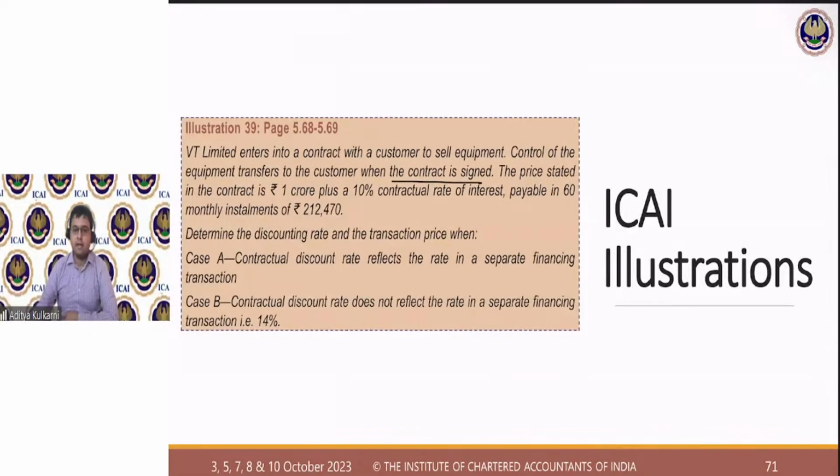So immediately the control transfers. The price stated in the contract is 1 crore plus a 10% contractual rate of interest payable in 60 monthly installments of 2,12,470. Determine the discounting rate and the transaction price when Case A, contractual discount rate reflects the rate in a separate financing transaction.